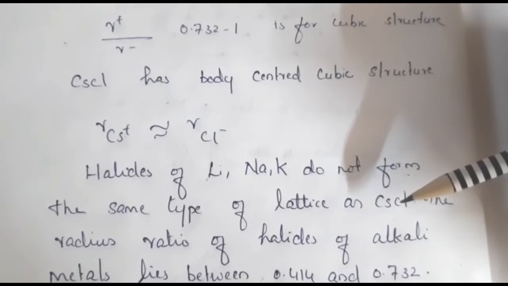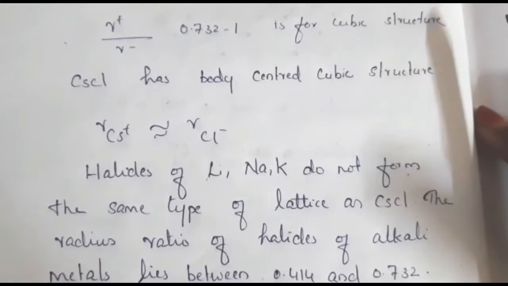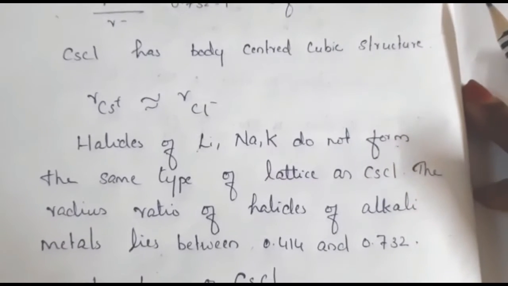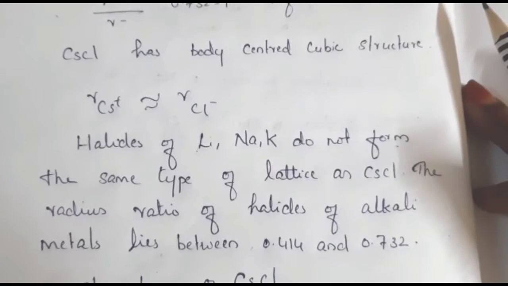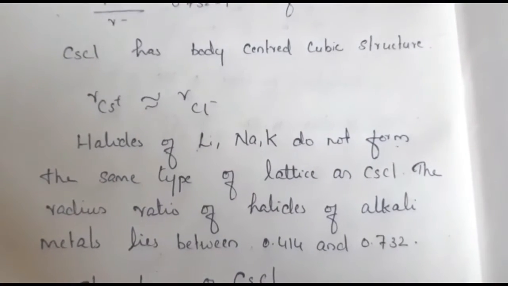Even though both are alkali metals and both are halides, sodium chloride structure is entirely different from cesium chloride. This is because the size of cesium atom is comparable with that of chloride ion. So cesium cannot be occupied like how the sodium ions are occupying in the cubic lattice.